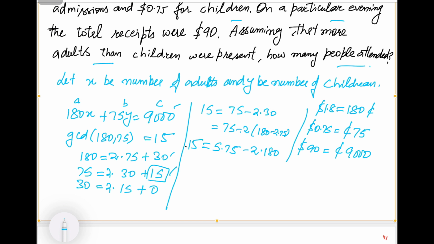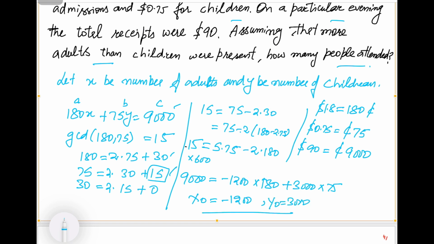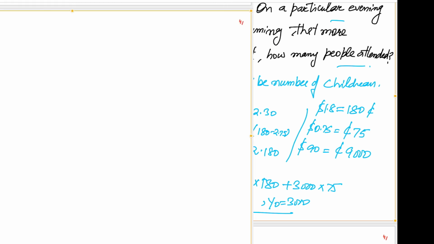So we have 9,000 on the left hand side, so we multiply this equation by 600. 9,000 is equal to minus 1200 times 180 plus 3,000 times 75. So clearly we can write x naught as minus 1200, y naught as 3,000. So we get one particular solution.